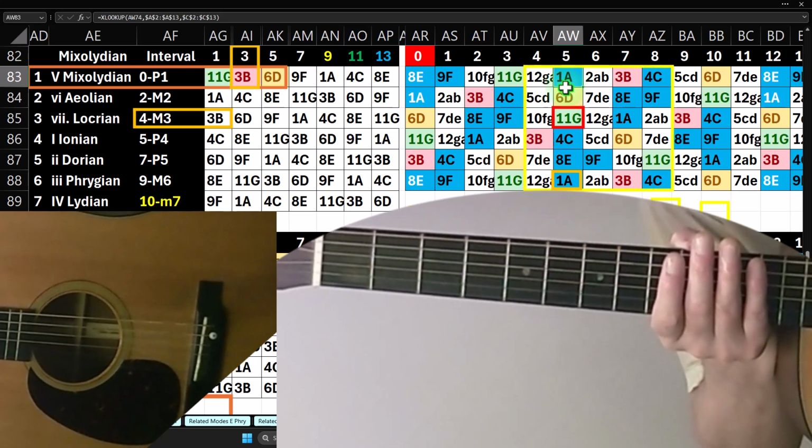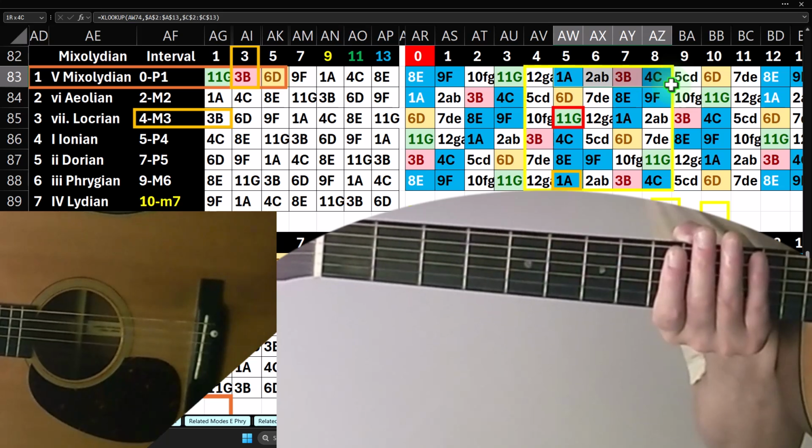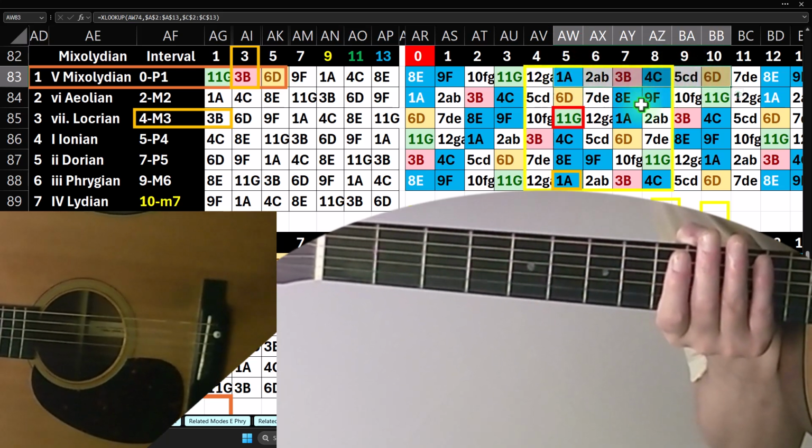It's a little easier to reach on A major if you're reaching up the guitar five frets out or so.